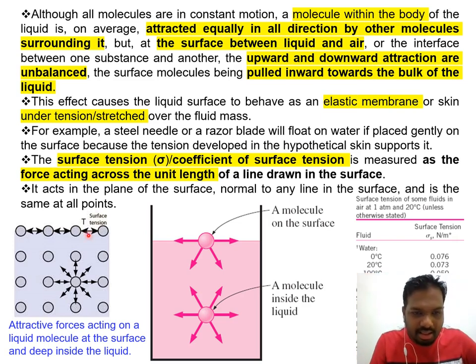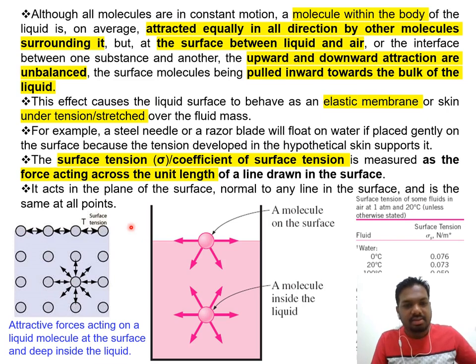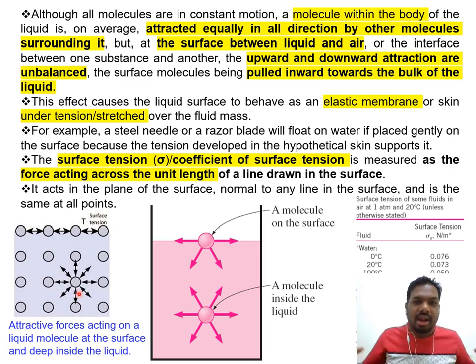There are two different reactions happening in these two regions, one on the surface and one deep inside. Inside, the molecule attracts and is attracted equally in all directions by the molecules surrounding it.